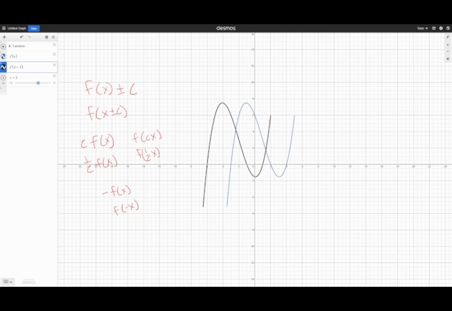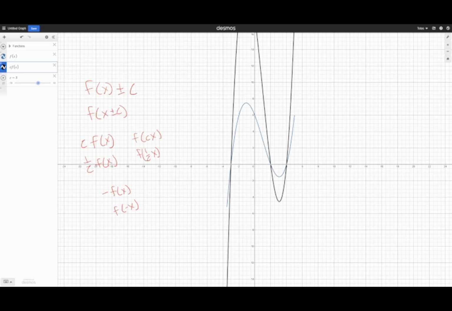Okay? Now, then we go here and we say a negative, and as you can see, we shifted to the right. Now, if we multiply by that c, we've gotten bigger, and if we were to look at these values, you'd see that we got bigger by a factor of 3.